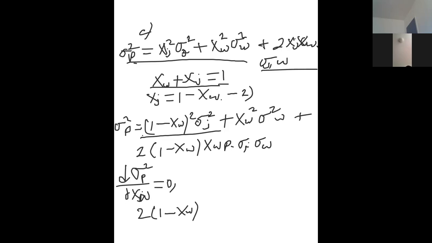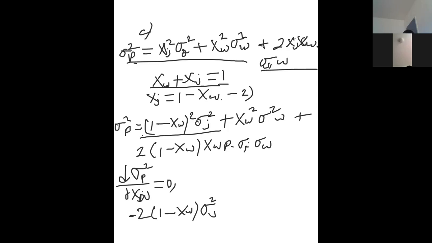Then you differentiate what you also have in the bracket, which is minus XW. When I differentiate minus XW, I have minus 1. So I can just bring the minus here, and I have minus 2 into bracket 1 minus SW, then I'll bring my variance of J.